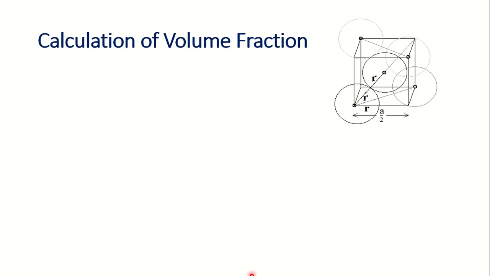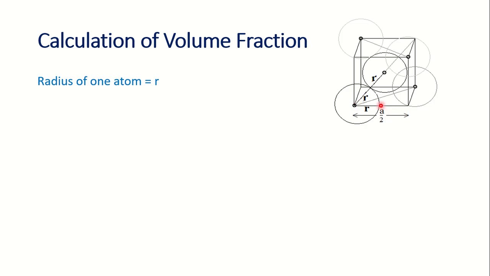How significant is XRD? Now the volume fraction. This is the small cube, and this is the central carbon atom, and 4 carbons in alternate corners of this small cube. Two have been drawn prominently, and the other 3 are drawn faintly, because they are less important in this calculation. The radius of one atom, from here to here, is r.